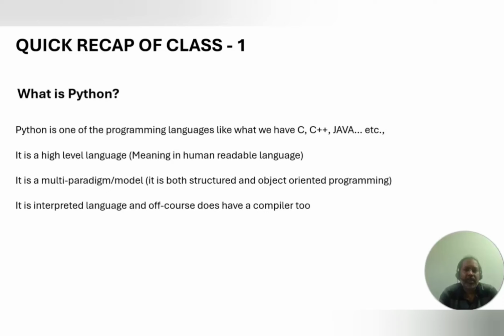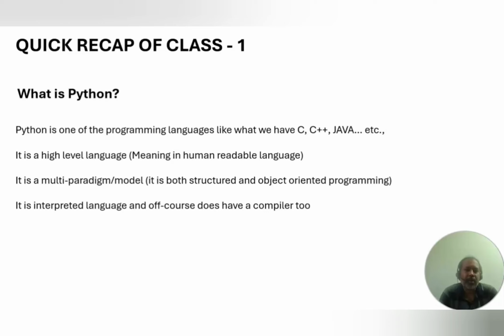When it comes to what is Python, Python is one of the programming languages like C, C++, Java, etc. And as we know, it's a high-level language, right? Meaning it is in human readable language. Most programming languages comprise English words, so we can easily learn and execute the program.